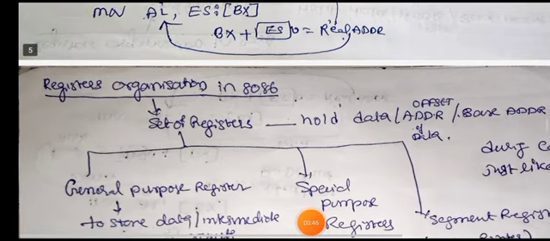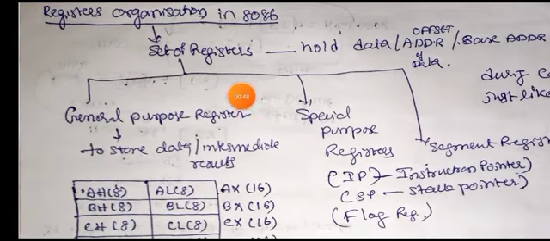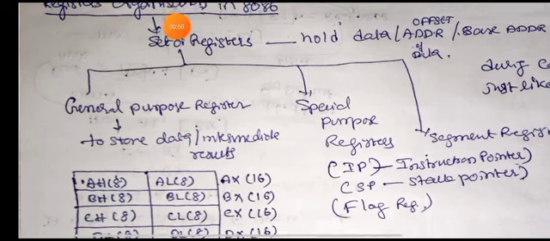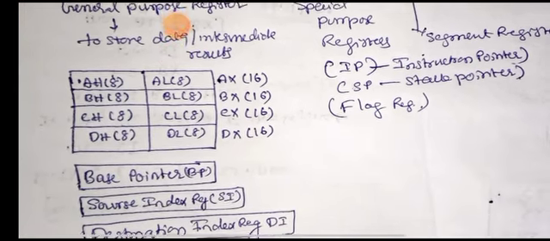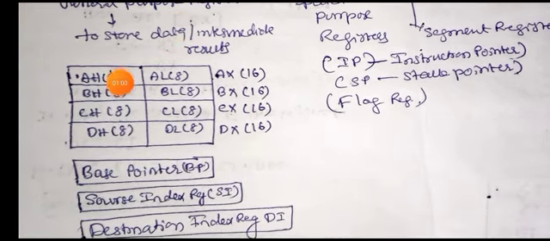So here we have three categories: general purpose registers, special purpose registers, and segment registers, right? When coming to the general purpose registers, there we have 8-bit registers AH AL, BH BL, CH CL, and DH DL.